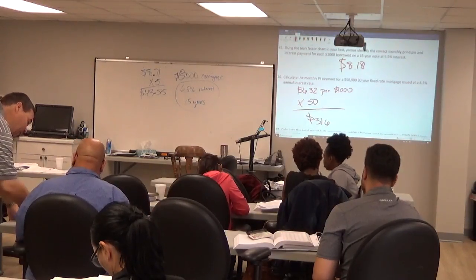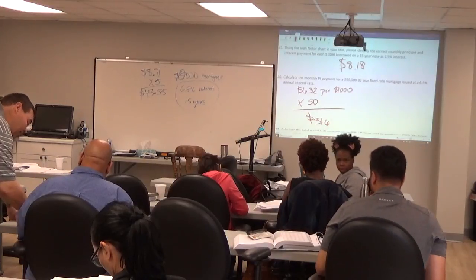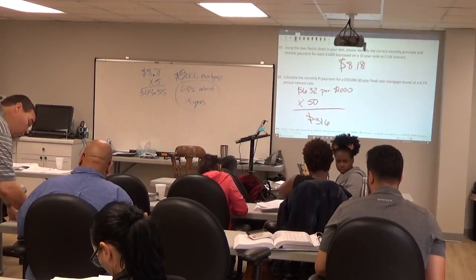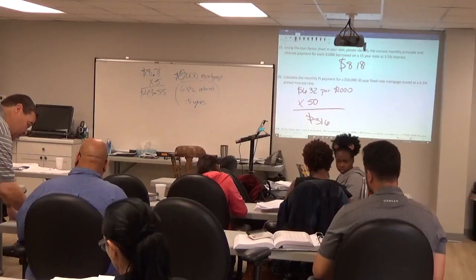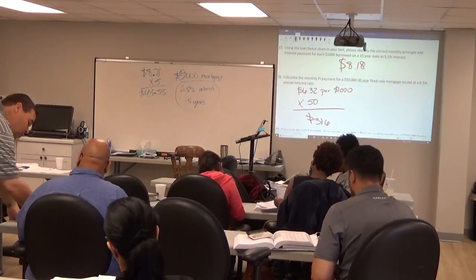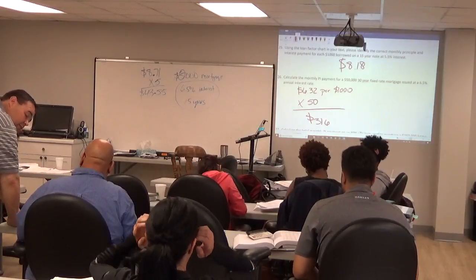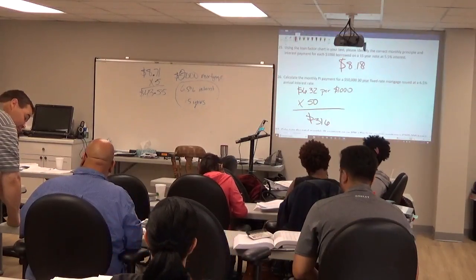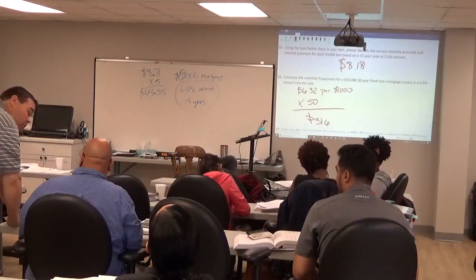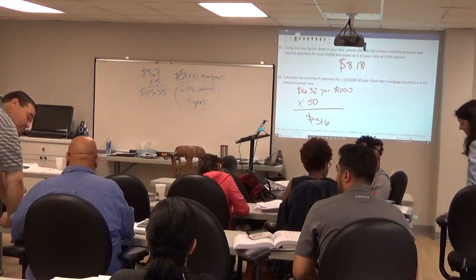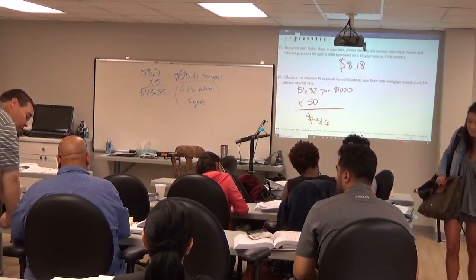Here, you did the right thing. 12 times 30. They don't want to know the total of the principal and interest. They want to know just one. It's like PI. What do they want to know?